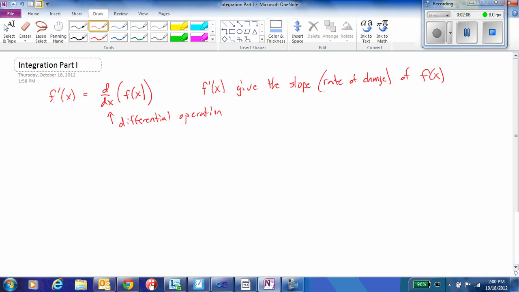Square root, things like that. So the opposite of a derivative is an integral. So the mathematical operation of taking an integral is the inverse of a derivative.